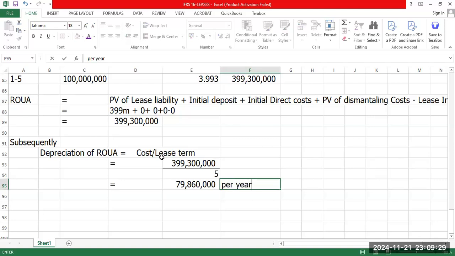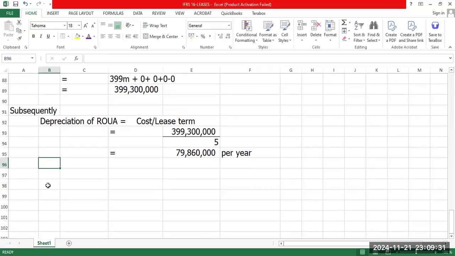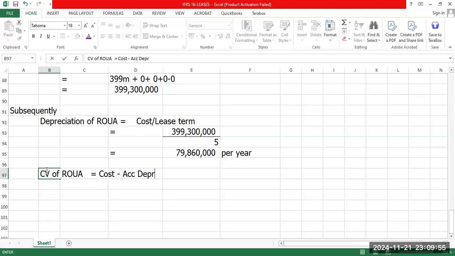Once you get your depreciation, ask yourself, what is the carrying value of right of use asset? You get the cost minus accumulated depreciation.